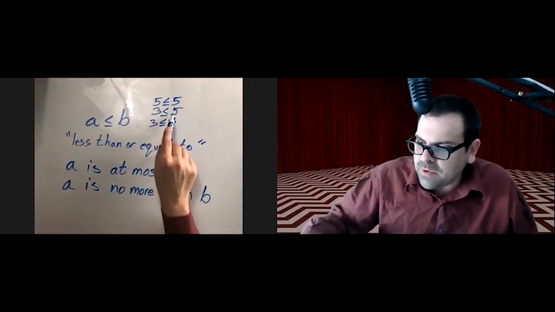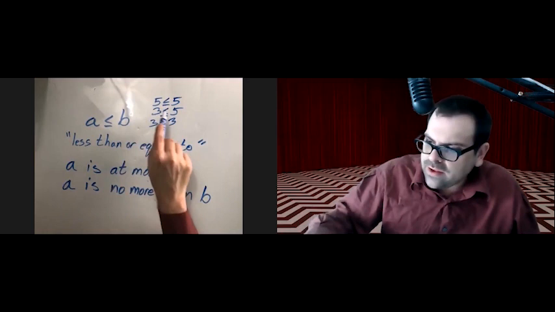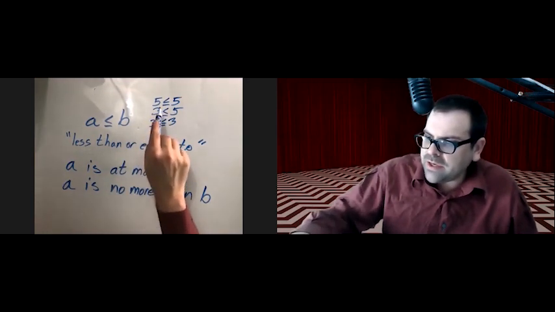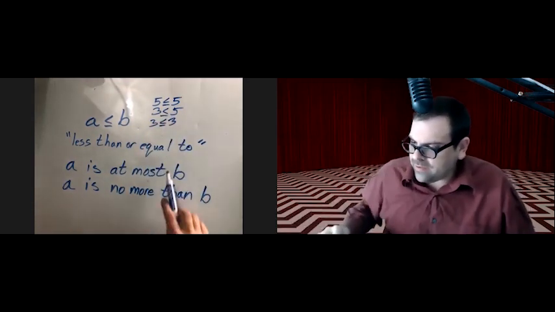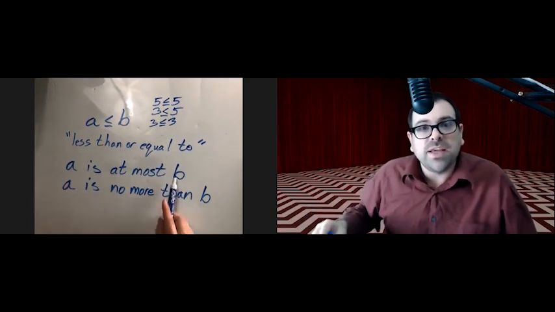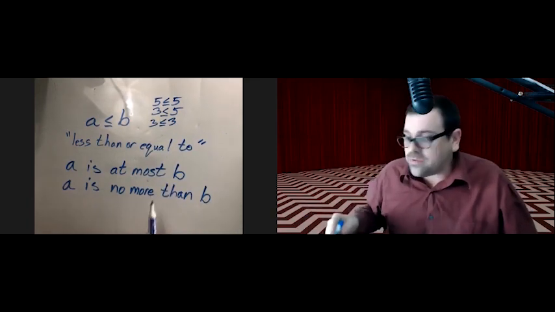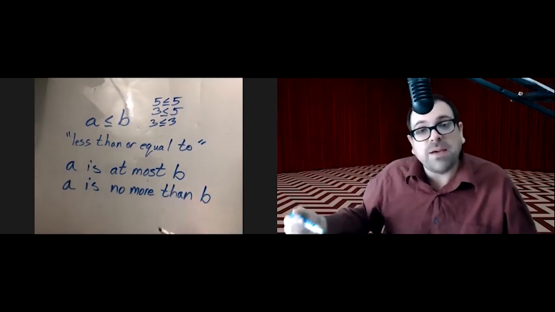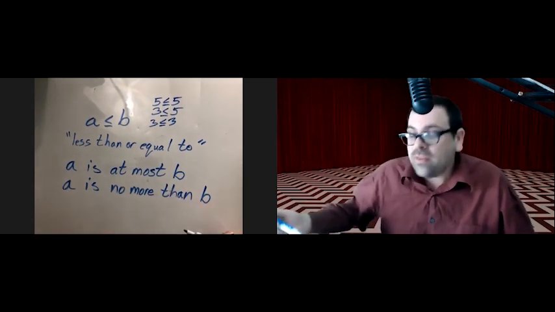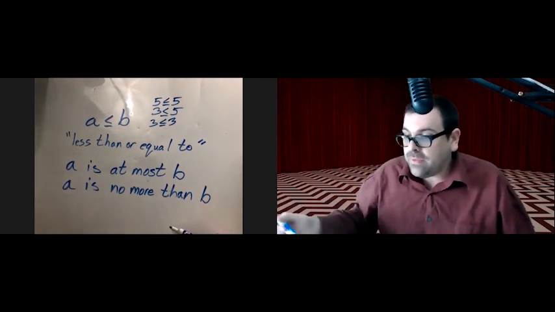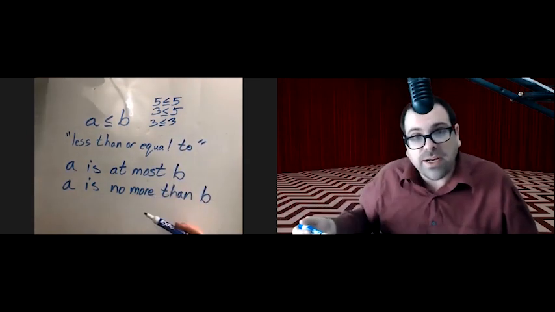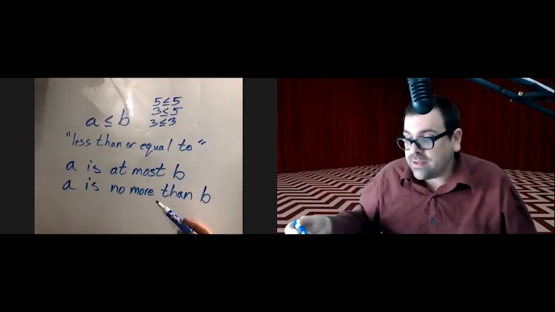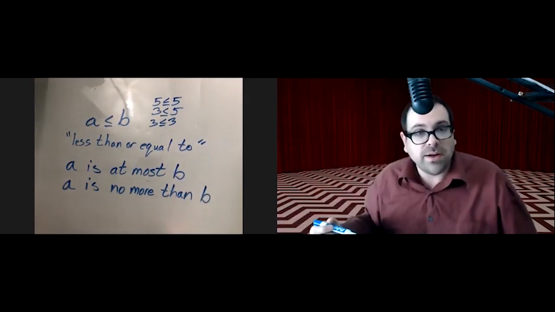Is 3 at most 5? Yeah. It's at most 5 because it's not higher than 5. I'm using the other one as sort of an explanation, because in English, when you think about what they mean, they mean the same thing. Is 3 at most 3? Yes, because it's not any more than 3.